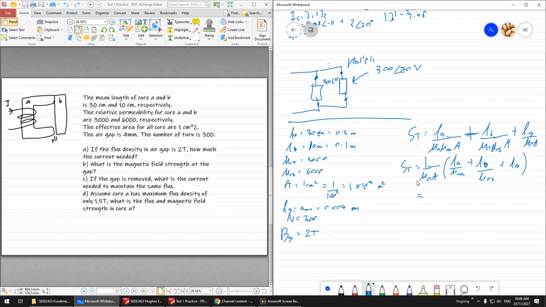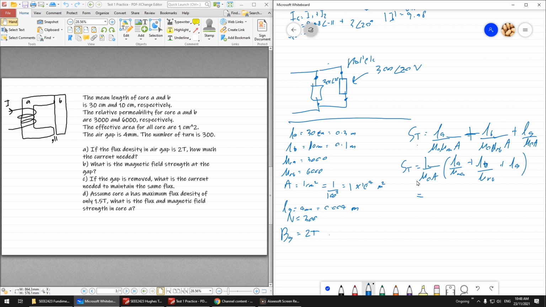So for this, of course, you have to calculate the inside first. So 0.3 divided by 3000 plus 0.1 divided by 6000 plus 0.004, and then divide by the universal constant, 4 pi multiplied by 10 negative 7. Make sure you know how to obtain the mu naught.